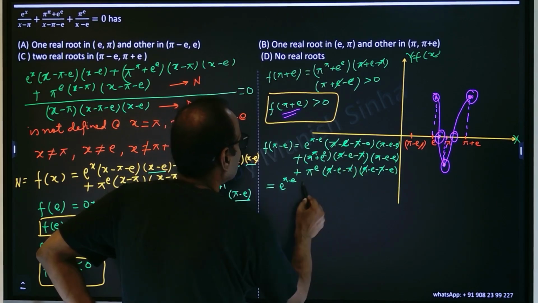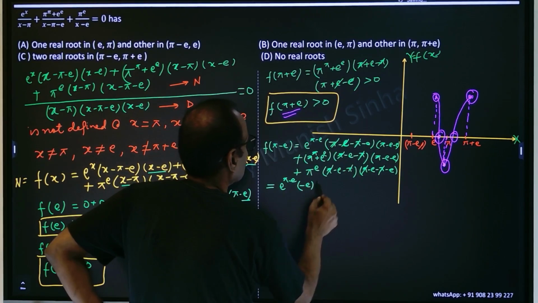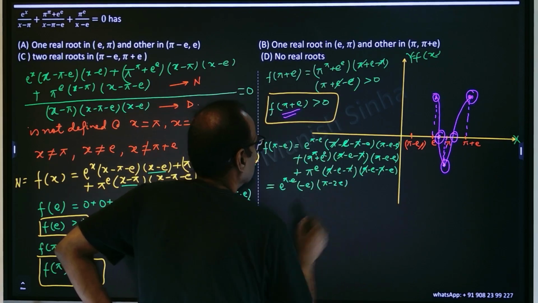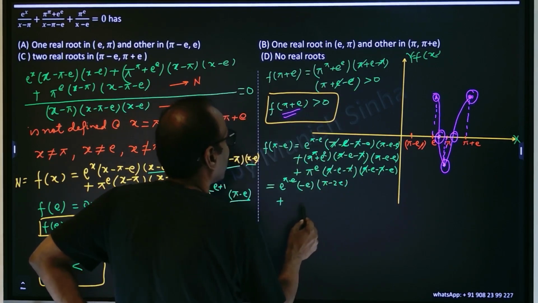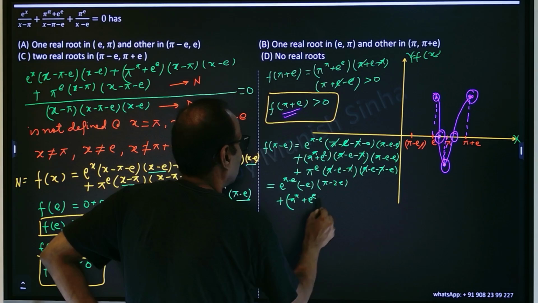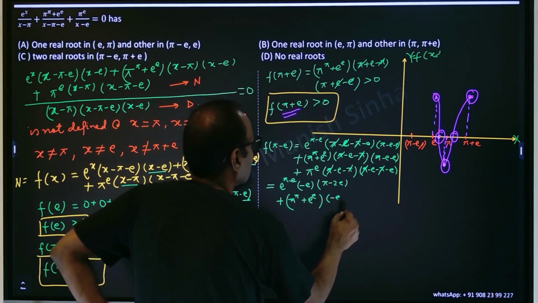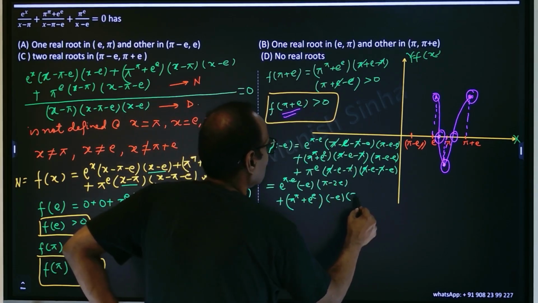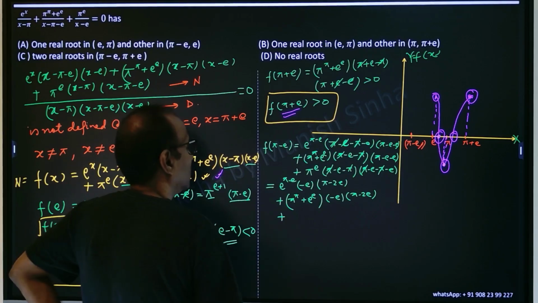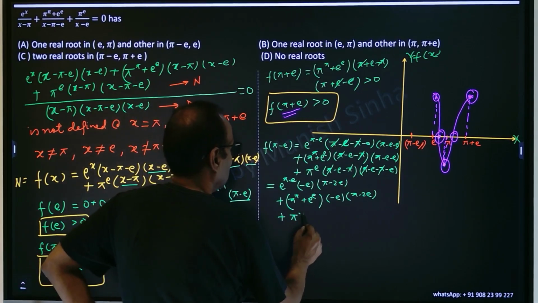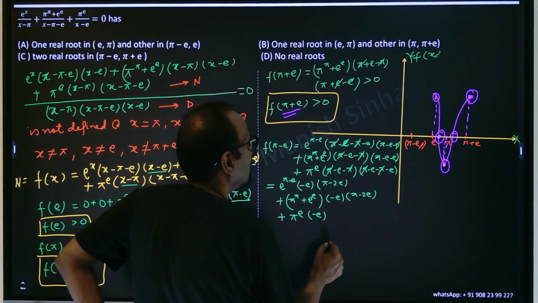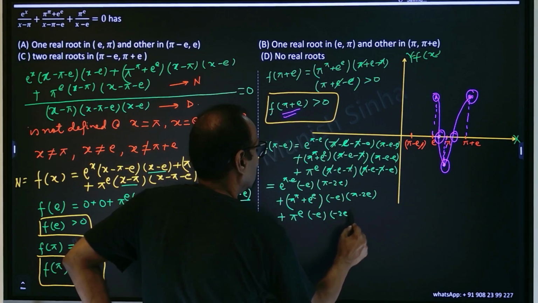Minus e into pi minus 2e. Second term: minus e, pi minus 2e. Third term: minus e, minus 2e.